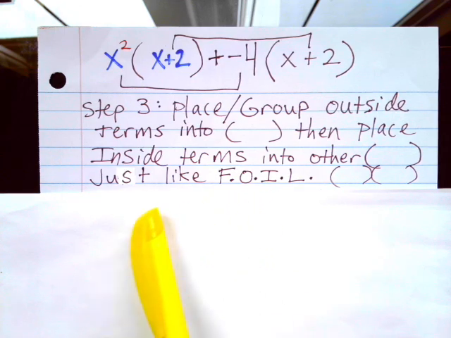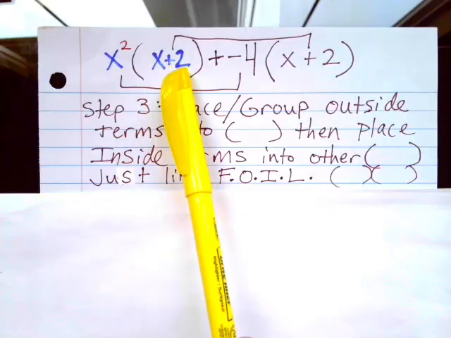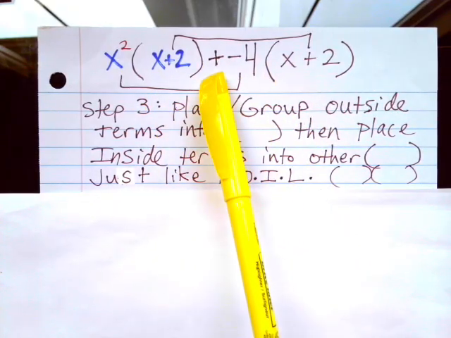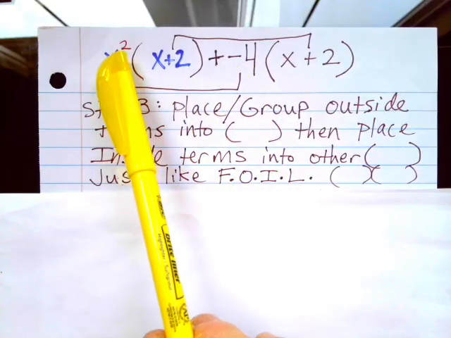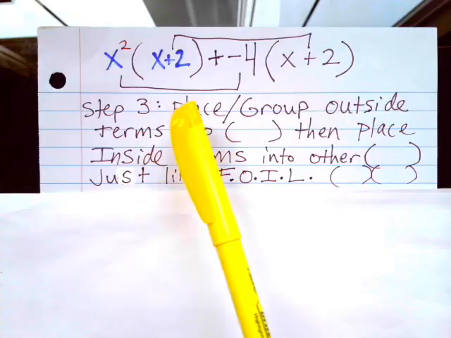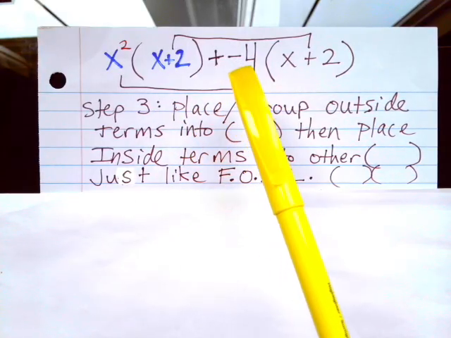In this part two, in review, we had x plus 2 and x plus 2 inside the parentheses, and a plus -4 and an x squared outside the parentheses. When you get to this point, you're going to want to regroup, because factor by grouping is what it's called.